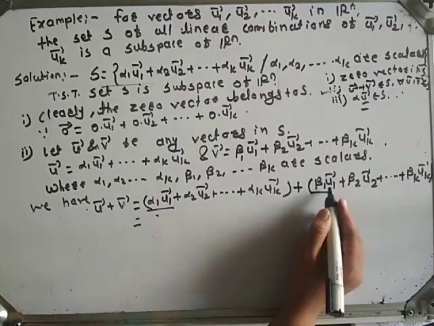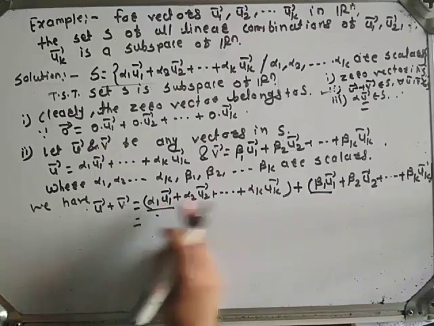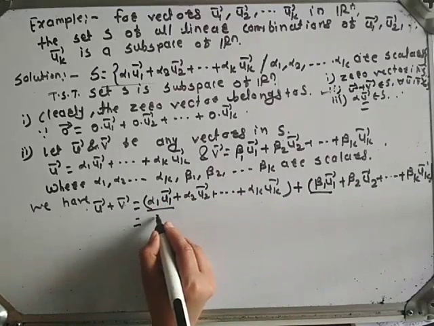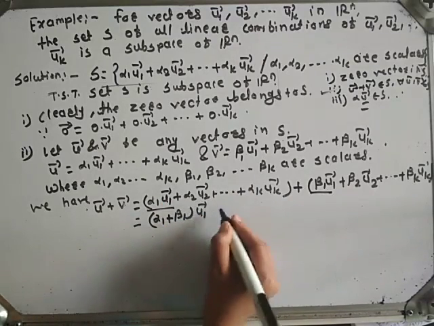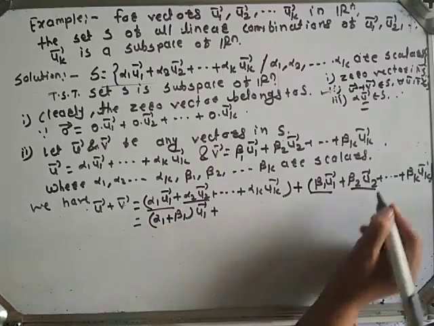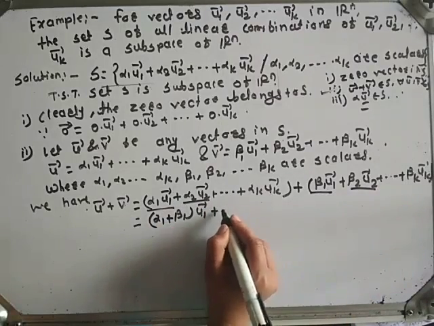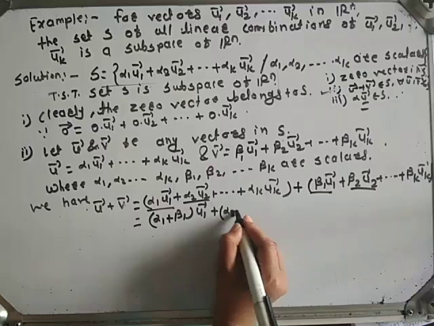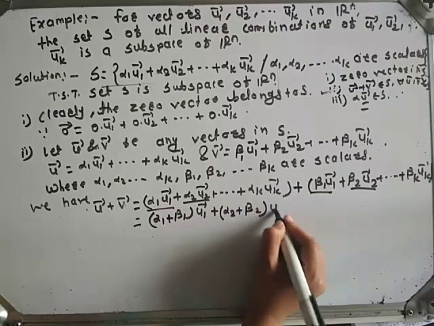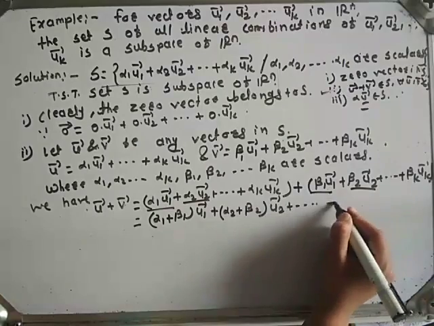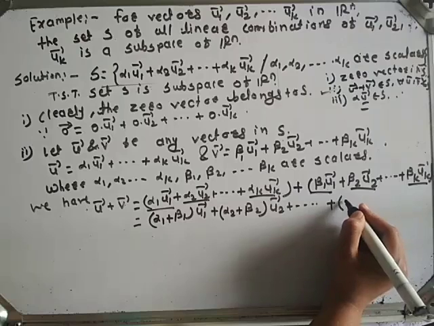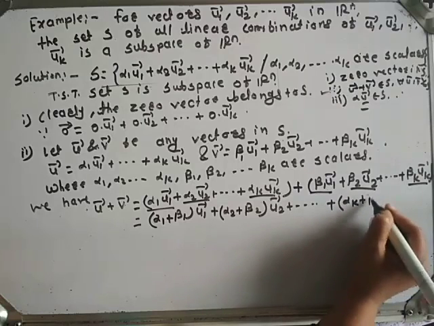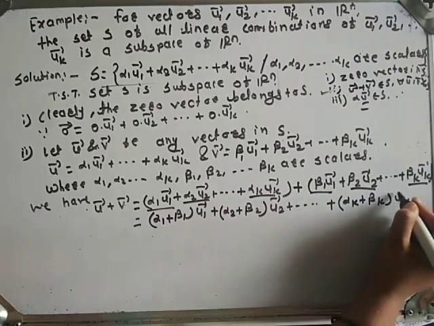Observe these two terms. In these terms u1 bar is common, so in bracket remains alpha 1 plus beta 1 into u1 bar. Observe these two terms. Here u2 bar is common, so in bracket remains alpha 2 plus beta 2 into u2 bar, plus and so on up to, in these terms uk bar is common, so in bracket remains alpha k plus beta k into uk bar.